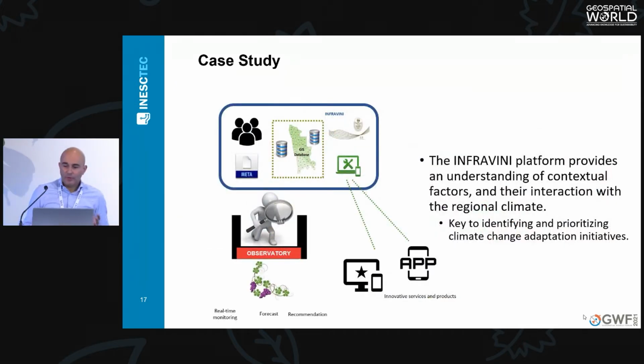So Infobini provides a platform and provides an understanding of contextual factors in their interaction with the regional climate. This is key to identify and prioritize the climate change adaptation initiatives. Because we have to be very careful about the actions that we want to put ongoing.